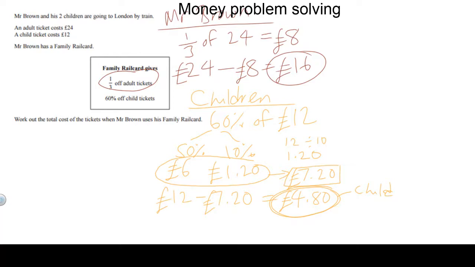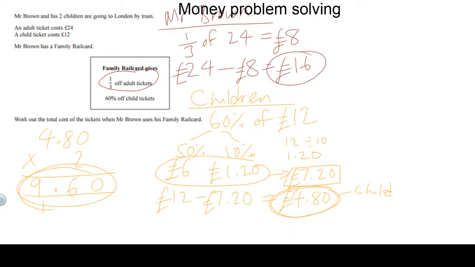We've got 2 children. Mr. Brown's got 2 children, so that'll be £4.80 multiplied by 2. 0 times 2 is 0, 8 times 2 is 16, 4 times 2 is 8, £9.60.